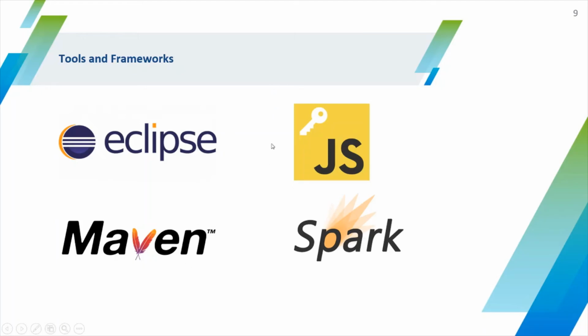And there's also Crypto.js, which is used to implement some crypto algorithms in JavaScript. And lastly, there is Spark framework, which is a framework to easily create a web application in Java.